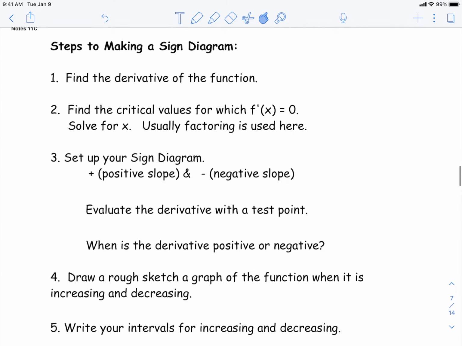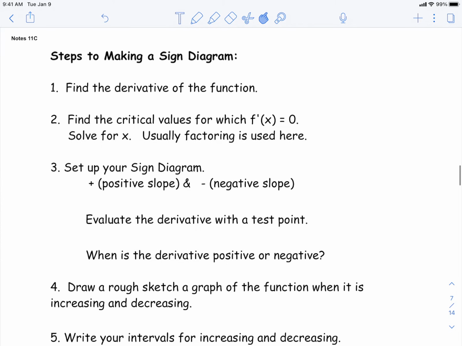So here are the steps to create a sine diagram. Step 1, we're going to find the derivative of the function. Remember that is your f dash x or dy dx. Step 2, we're going to find the critical values for which the function equals 0. That means we're going to solve for x, and sometimes we're going to have to factor.